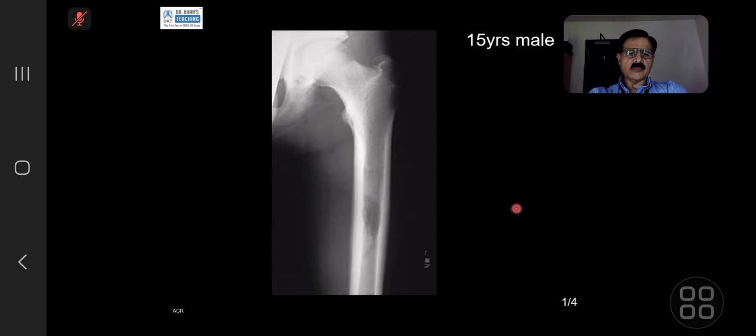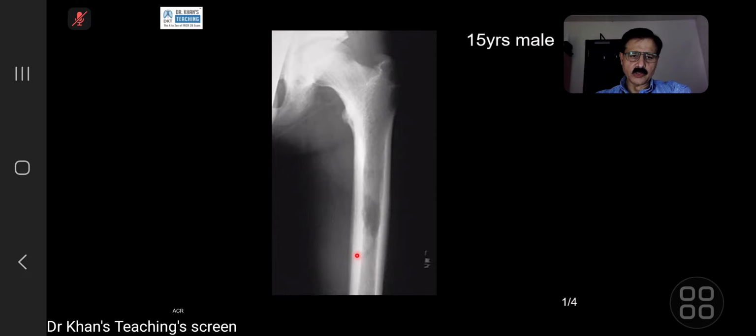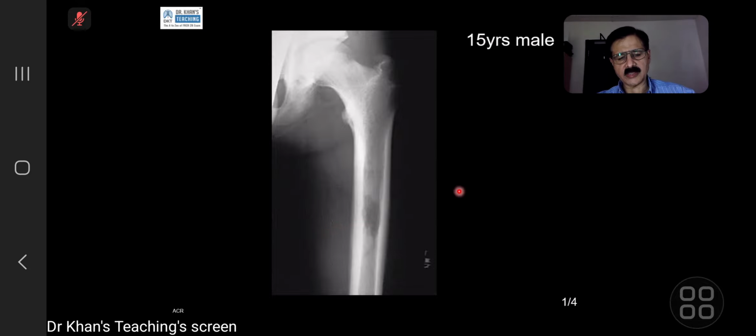Do you think it's an aggressive lesion? Yes, I think because the margins are not very well defined at the inferior and medial aspect of the lesion. Do you see something here around the cortex? I can see a bit of scalloping. I can see a bit of periosteal reaction as well. Okay, that's fine.